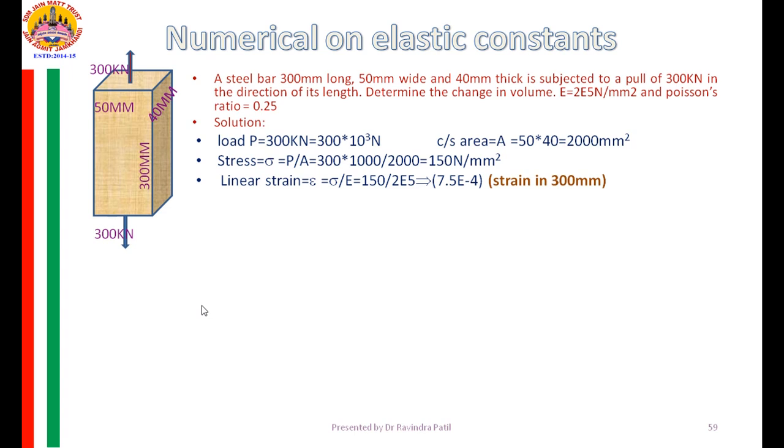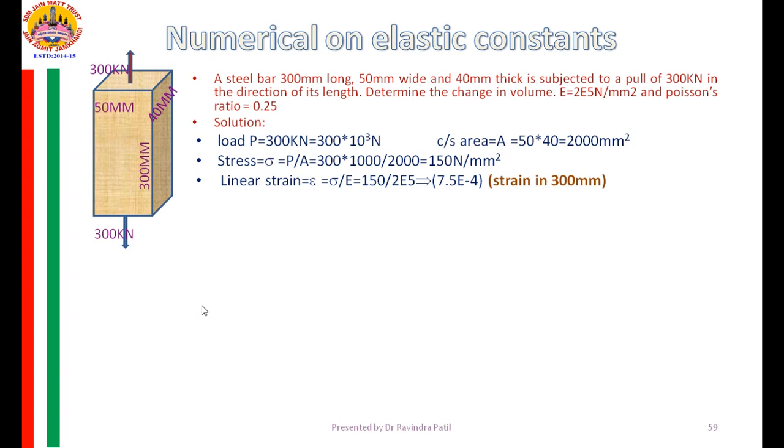Now, first I need to calculate the stress. What is the stress? Load divided by area, or resistance divided by area. The load is 300 kilonewton, divided by the area. Which area are you taking for the calculation? You have to take the resisting area.